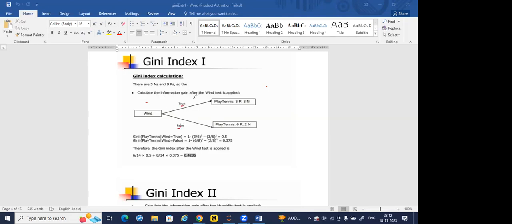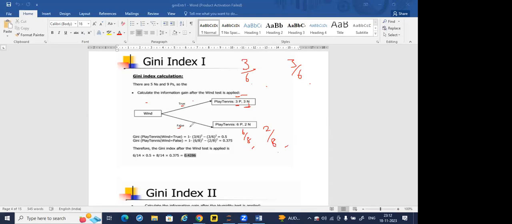In strong wind, 3 times the player has gone out to play and 3 times the player has not gone out to play, so total 6. So it means 3 by 6 and 3 by 6. In weak wind, 6 and 2, so total 8, basically 6 by 8 and 2 by 8. 6 times the player has gone out to play and 2 times the player has not gone out to play.